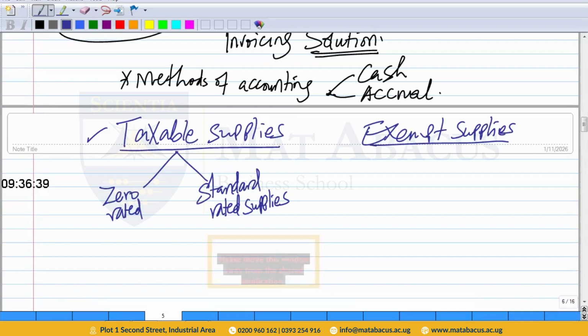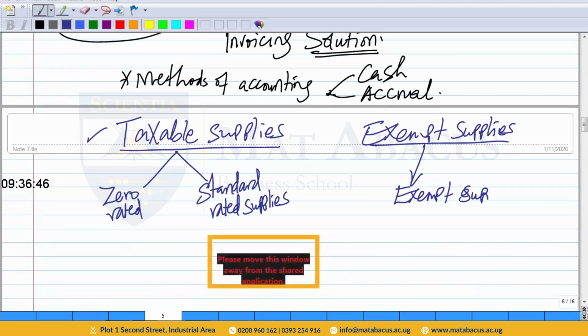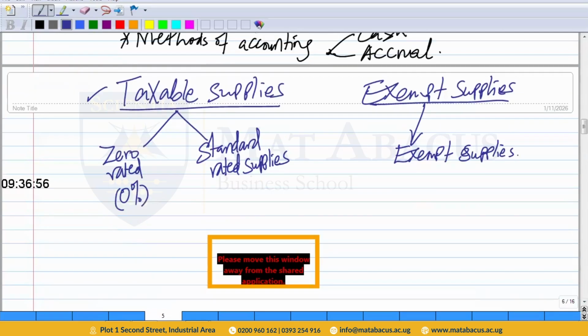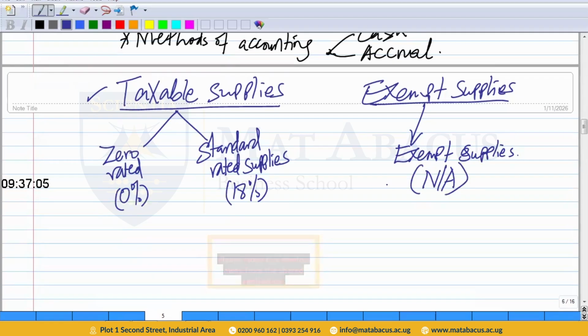Zero-rated supplies are charged at 0%, and standard-rated supplies are charged at 18%. Exempt supplies have no rate applicable. We shall look at this in detail.